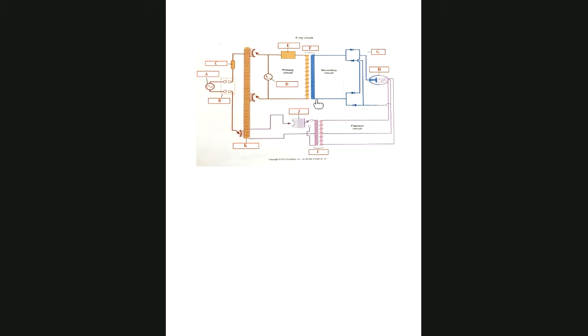You guys have probably seen questions on your RAD review that basically ask: if the primary side is supplied with 220 volts and the turns ratio is, say, 100 over 1, what would be the secondary voltage?